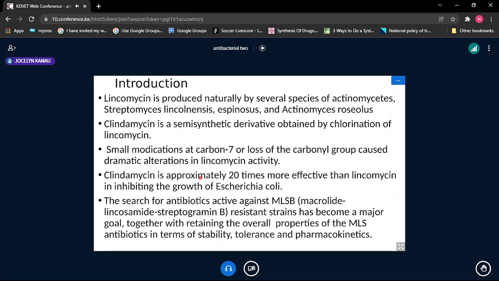So, introduction: lincomycin is produced naturally by several species of the actinomycetes. Clindamycin, on the other hand, is a semi-synthetic derivative obtained by chlorination of lincomycin. Small modifications at carbon 7, which we have already seen, or loss of the carbonyl group cause dramatic alterations in lincomycin activity.